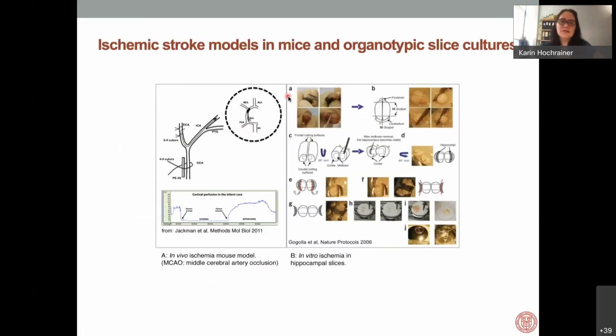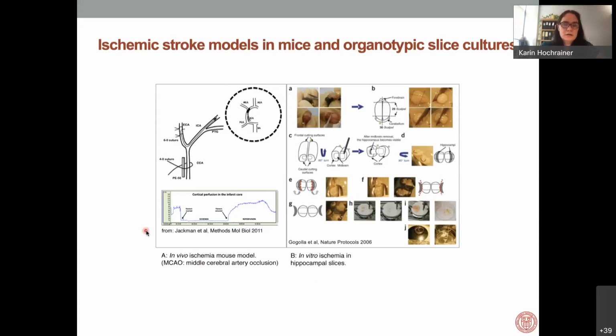Before I jump into this, I just want to briefly introduce the stroke models that we're using in the lab. So we do have a mouse model called MCAO, for middle cerebral artery occlusion, where we use an intravascular filament, so a filament that's introduced into the cerebral arteries to occlude the MCA.